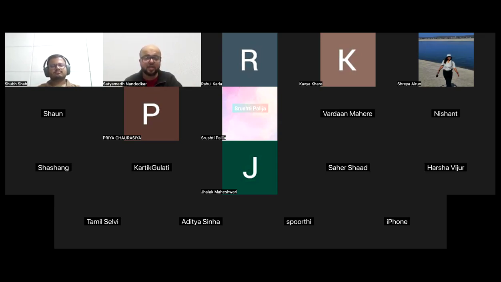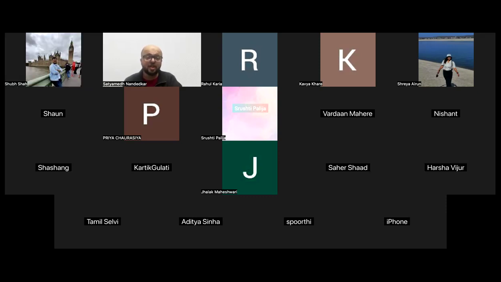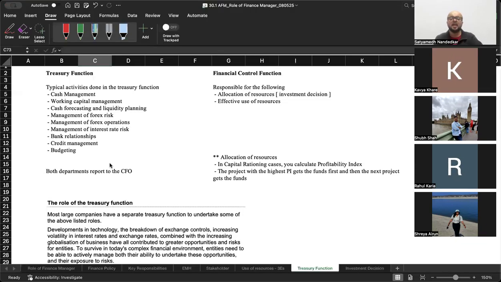Okay. Now let's quickly talk about the treasury function. Now the treasury function is not just cash collection and cash payment. The treasury department performs a lot of other roles for the company, like working capital management, in the sense of how much credit to give to customers, when to make payment to suppliers so as to secure maximum possible discount, how to negotiate rate of interest with the bank.